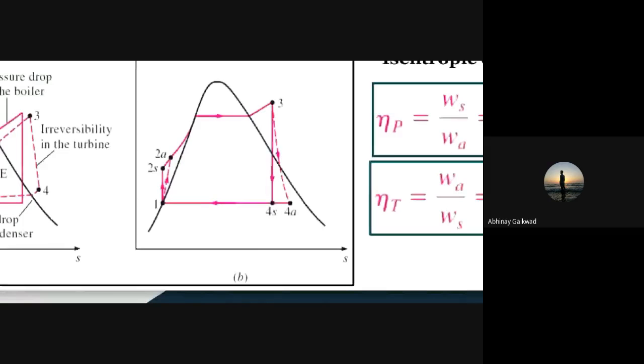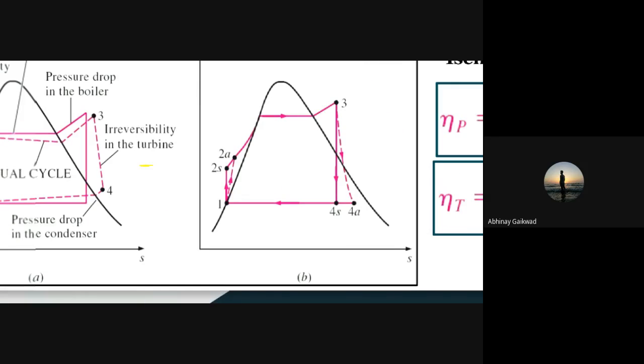Also the pressure at the turbine inlet is somewhat lower than that of the boiler exit, due to pressure drop in the connecting pipes also. So we get a new point at 3.